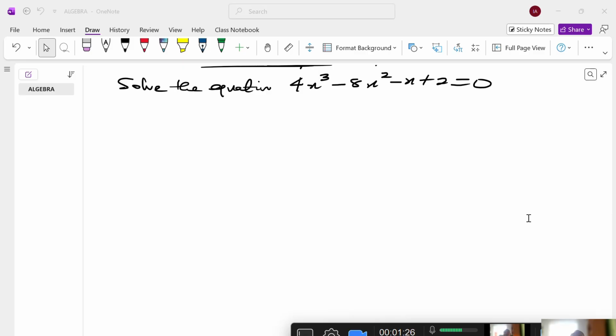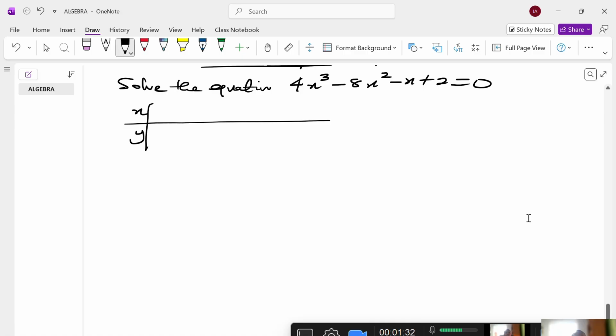So to use the graphical method, you are going to draw a table of x and y. Some questions may give you the range of values of x. Some questions may not give you. If the question gives you the range of values of x, just write the range of values of x in this row of x. But if it was not given, make sure your x spans from the negative to the positive.